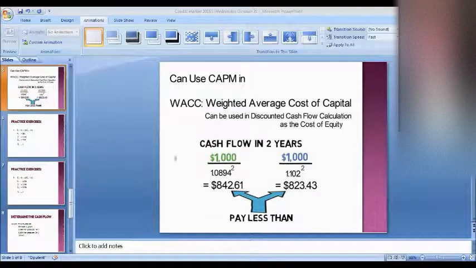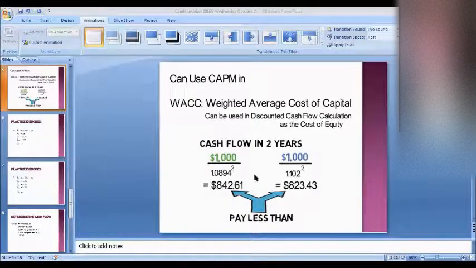What is this computation for? We all know, class, that cash today is more valuable than it is in the next 2 years. Meaning, our money today has more value than our money in the next 2 years.